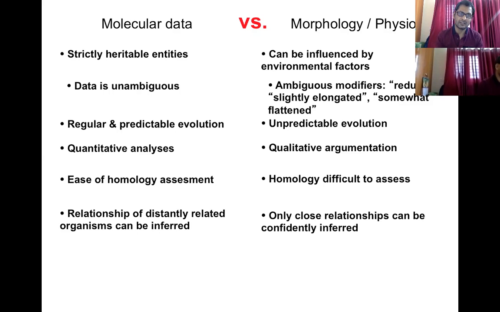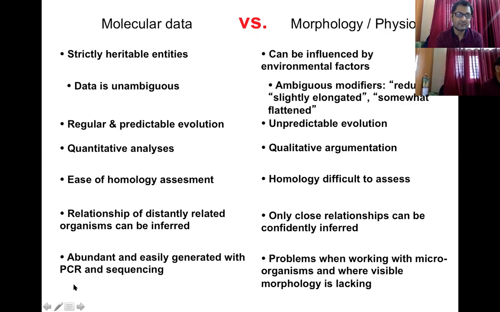But you can always infer even the distant relationship, while only the close relationship can be confidently inferred in the morphology. Once the species are too diverse, you cannot make out what the relationship is or what the tree for the true relationship is.